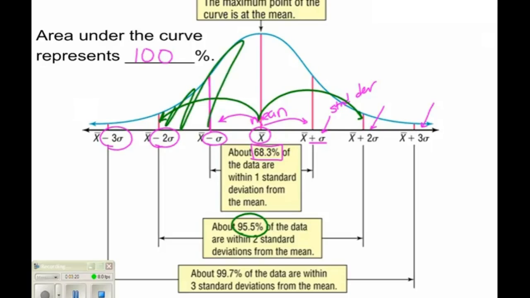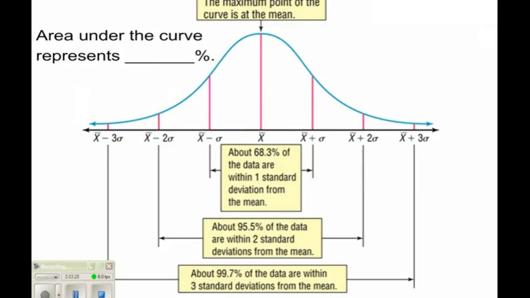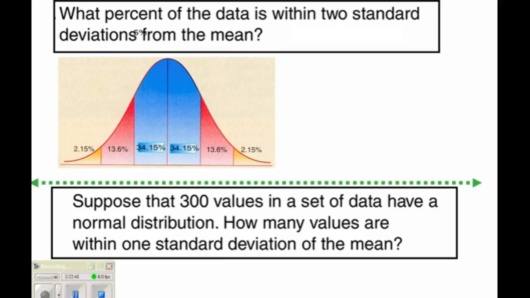So that would include this region all through here, 2 standard deviations. And then finally, 3 standard deviations. Boy, we're getting almost all of the data 3 standard deviations above or 3 standard deviations below. So going from this area to this area and talking about this whole region under the curve here would be 99.7% of the data.